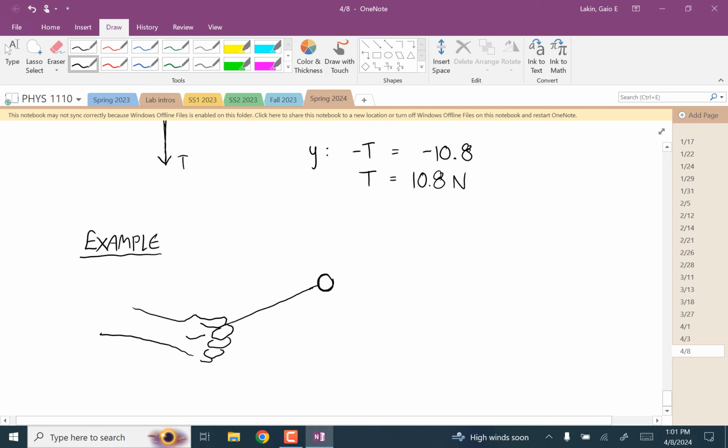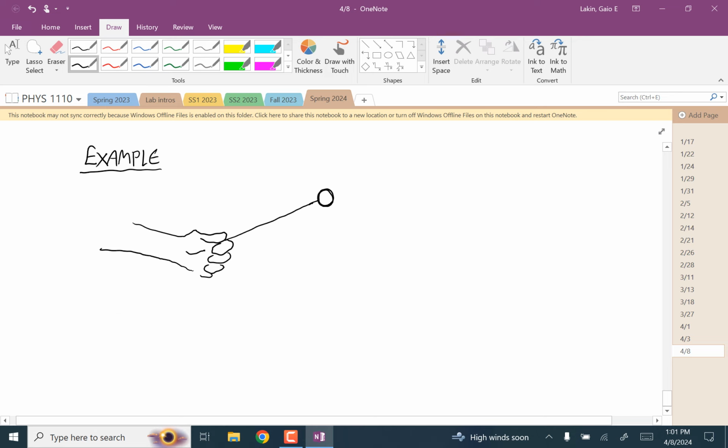you have a ball and a string again, and you're swinging it in a circle. And this circle is vertical, so this direction is up.